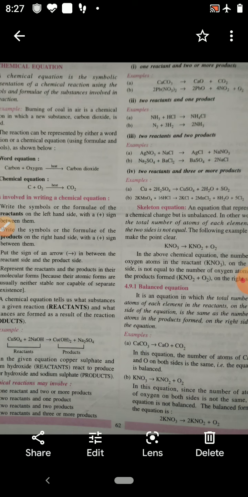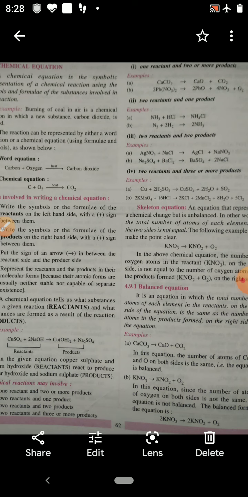A chemical equation shows the result of chemical change in which the reactants and products are represented by symbols and formula.